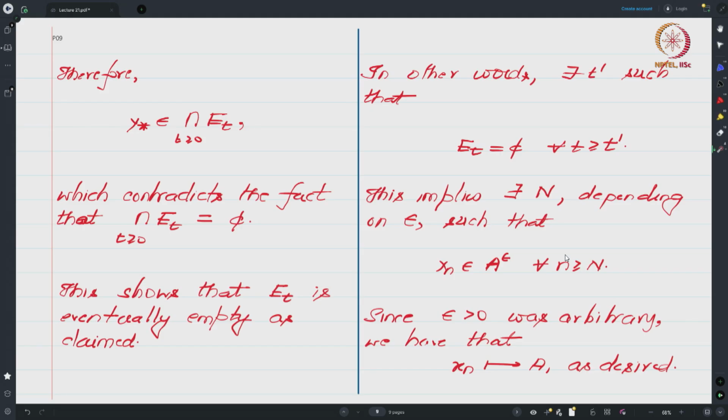So, in other words, the tail of your stochastic approximation iterate sequence is in the epsilon neighborhood of A, and since this choice of epsilon was arbitrary, one can conclude that x n gets closer and closer to A in its tail portions, and that allows us to conclude that x n goes to A as desired, right. So, this brings us to the end of this class.